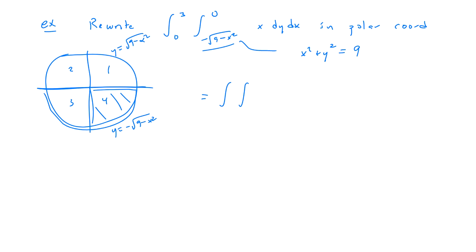So let's rewrite it. First let's rewrite x. So x is equal to r cosine of theta. As I said in the last one, we always get the extra r. And now for what values of r? What are the limits of r?